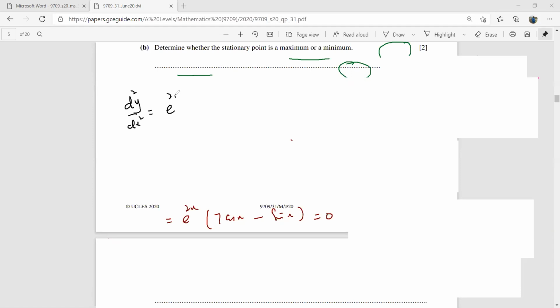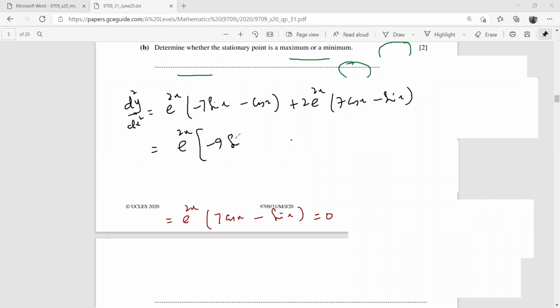So e raised to power 2x into minus 7 sine x minus cos x plus its derivative, 2 e raised to power 2x, this is vu dash, into 7 cos x minus sine x. Just to save your time, if you take this as common, this is minus 7 sine x, and then you have minus 2. This is minus 9 sine x. Minus cos x, you have plus 6 cos x.